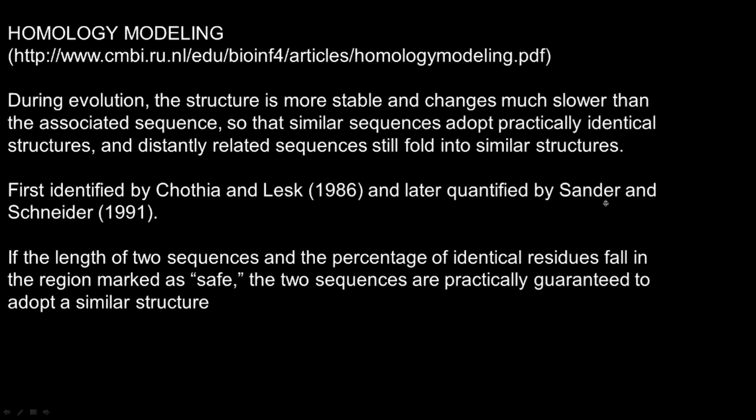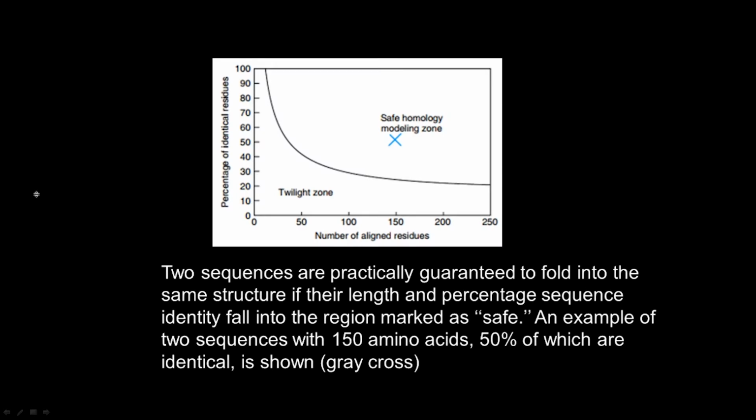This was first identified by Chothia and Lesk, later quantified by Sander and Schneider. If the length of two sequences and the percentage of identical residues fall in the region marked as safe, the two sequences are practically guaranteed to adopt a similar structure. If the number of aligned residues is 150, then this region we can call a safe homology model.